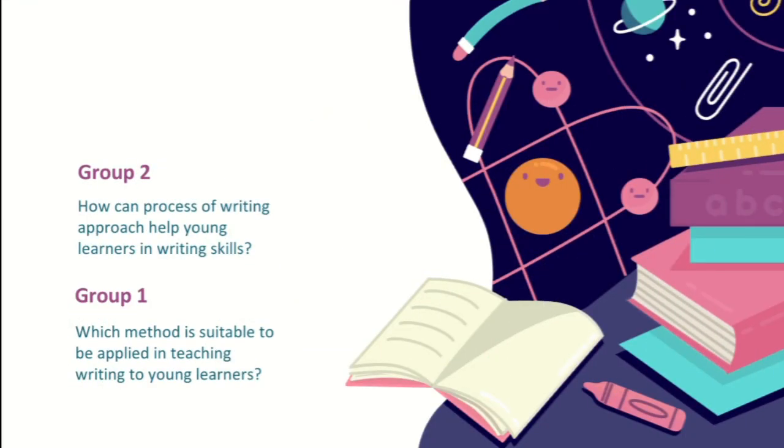I will answer a question from group 2. How can the process writing approach help young learners in writing skill? So first of all, by using the process of writing, students are less likely to suffer from writer's block. And students who use this process are more likely to meet their deadlines because they are organized steps that they can follow.